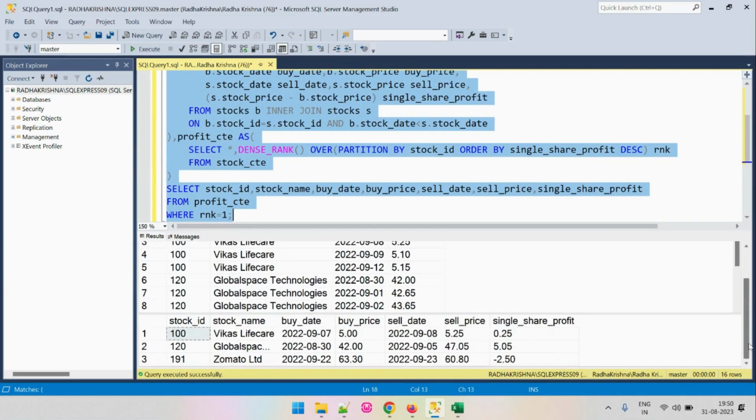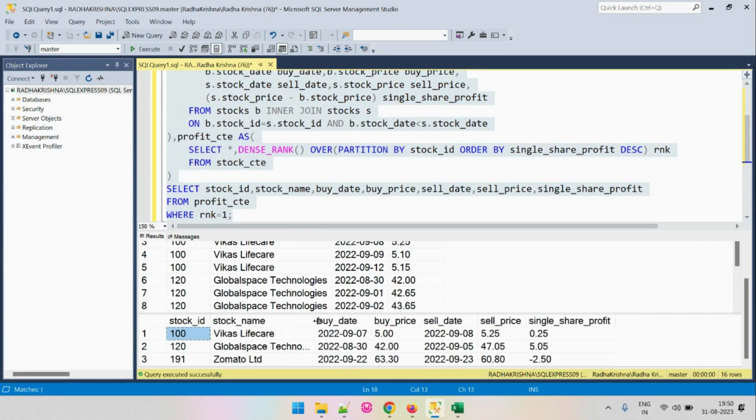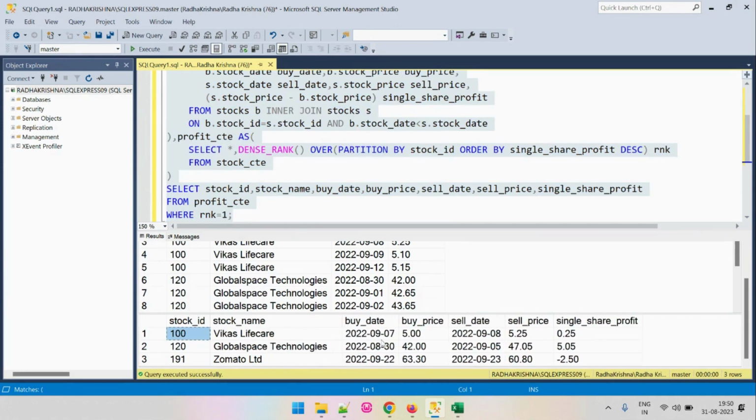So we have got the output. Now notice one thing. For every stock, the entry that we have got tries to give us the maximum profit that we can get. There are some stocks wherein we are not getting any profit. However, it is telling us the least loss that it will cause.